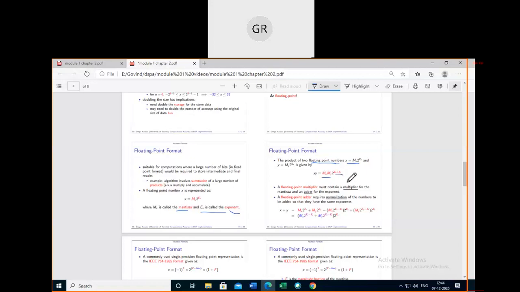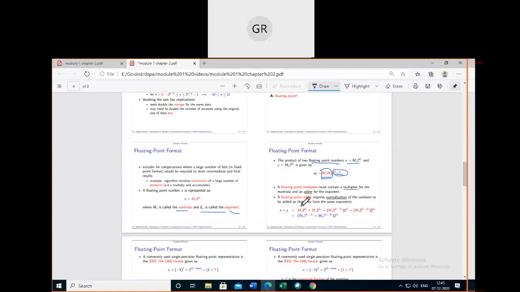So a floating point multiplier must contain a multiplier for the mantissa and an adder for the exponent. Just remember, multiplier for mantissa and adder for exponent.